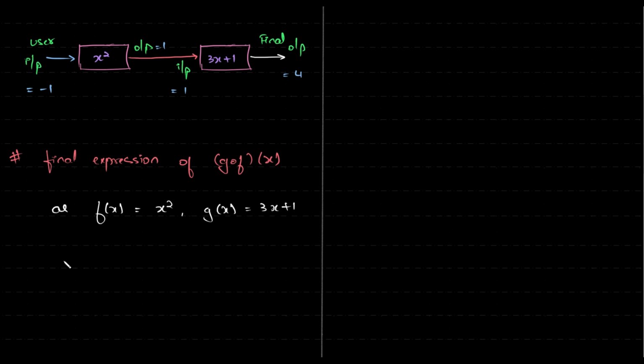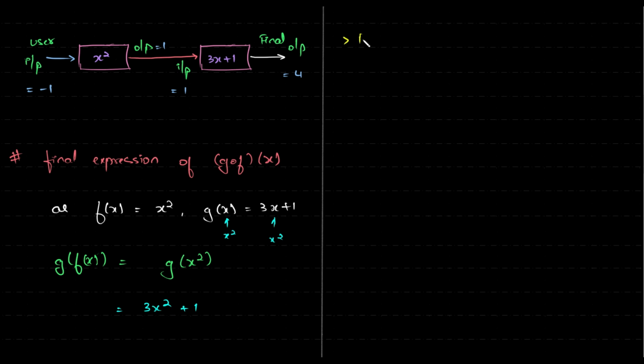So composition of function talks about right to left, that is f of x will be the input to your g of x. So in place of f of x, I'm going to put x square, and in place of x over here, I'm going to replace that with x square. So the final expression is 3x square plus 1.